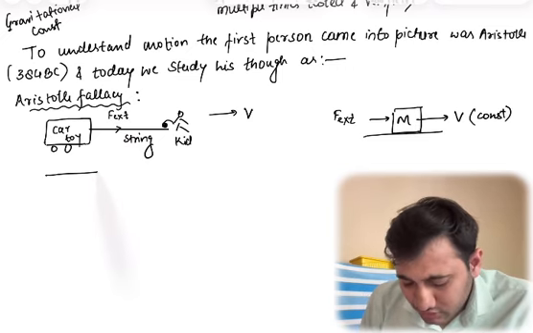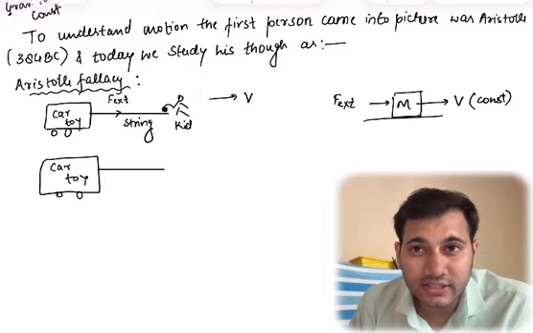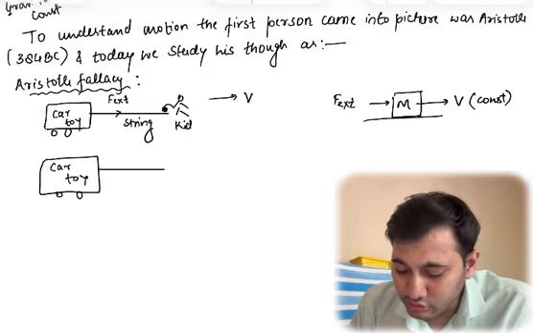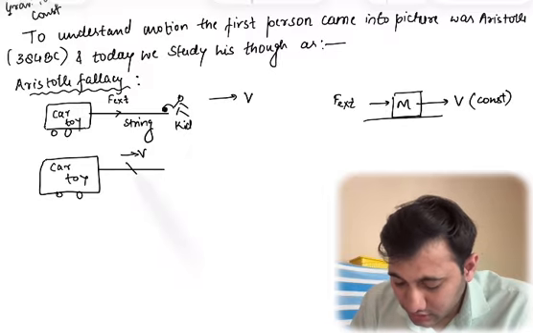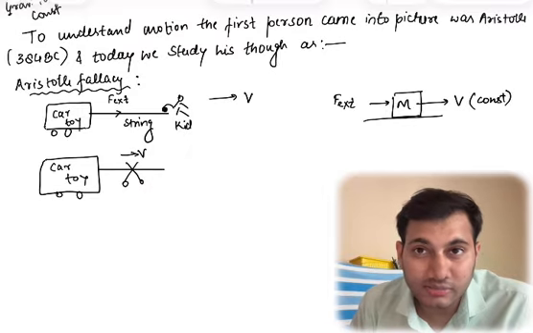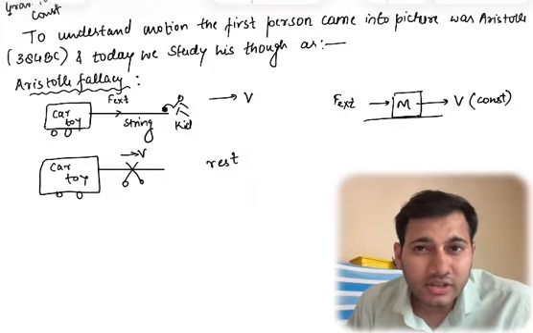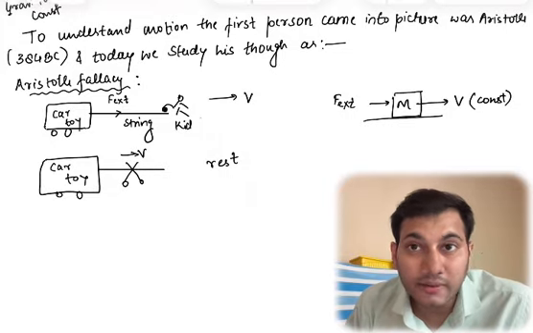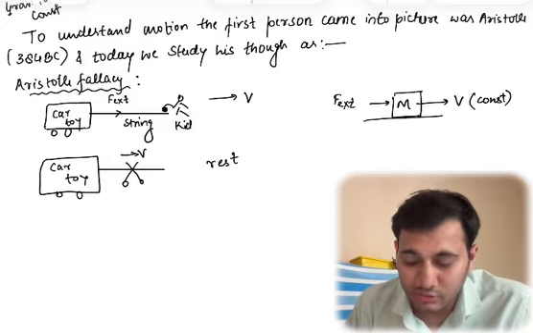Now suppose there is another toy car and this is a string. After the kid exerted an external force F and pulled the car to give it a velocity v, now if we cut the string at some instant, then the toy car will come to rest, right? So what exactly it means is that the kid has applied some external force, due to which the object comes into motion, right?